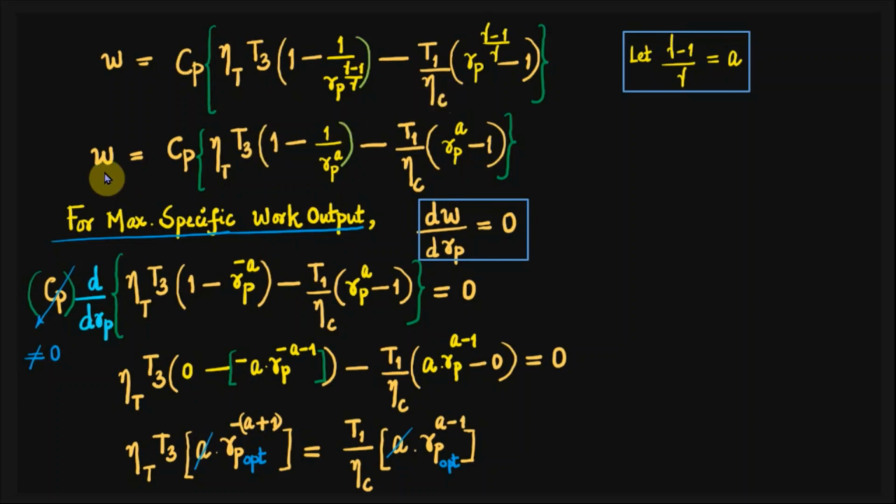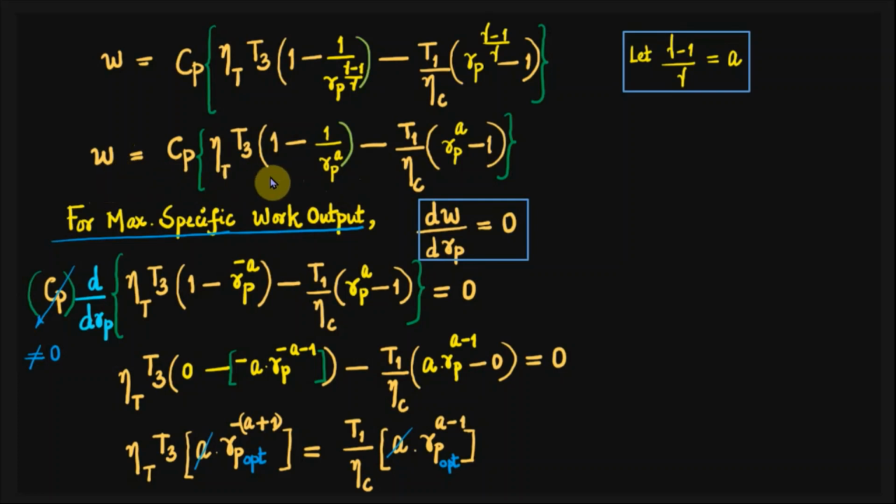So W is equal to Cp into eta suffix T into T3 into 1 minus 1 by Rp raised to A, minus T1 by eta c into Rp raised to A, then minus 1.